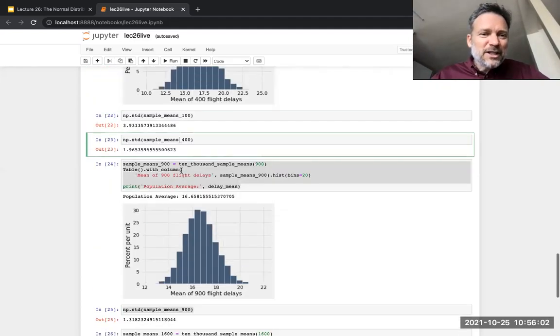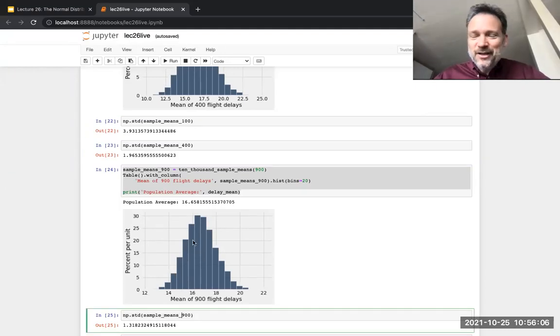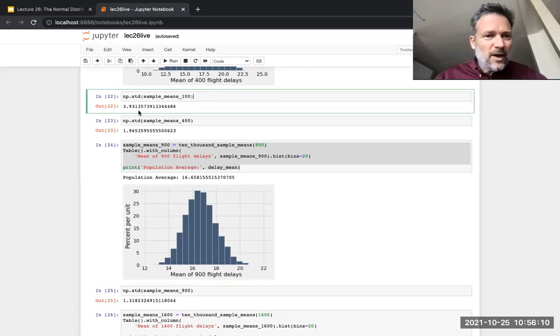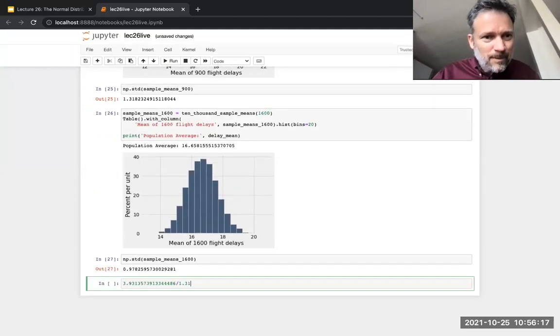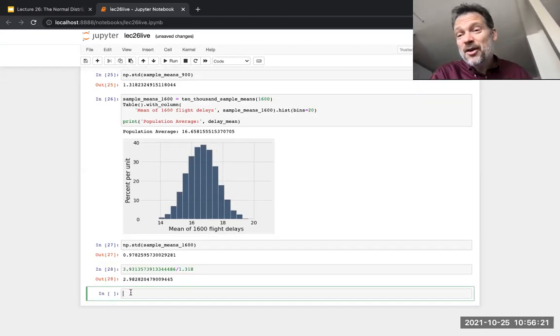What about when I increased my sample size by a factor of 9, from 100 to 900? I went from 3.9 to 1.3. What ratio was that? About a 3-fold reduction in SD.